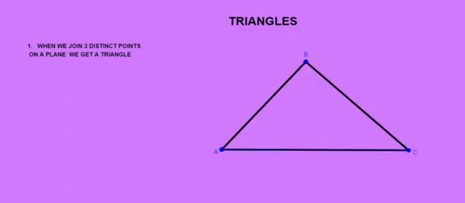Okay. Next, triangles. When we join three distinct points on a plane, we get a triangle. That is first point, second point, third point. When we join them, we get a closed figure.